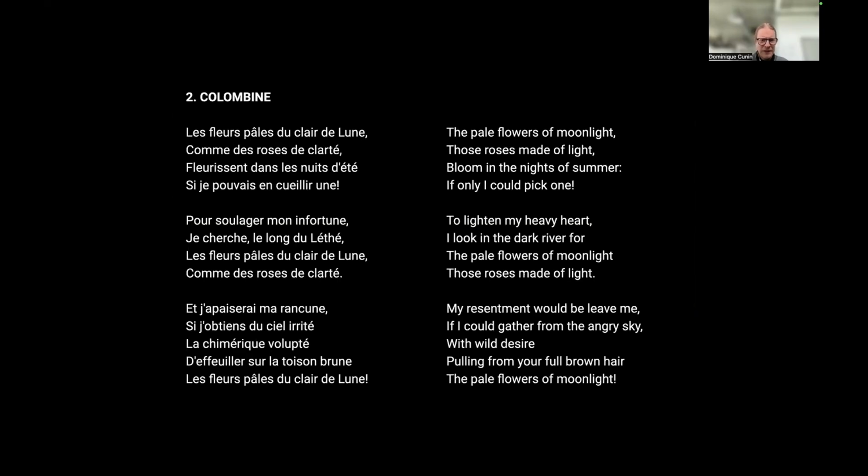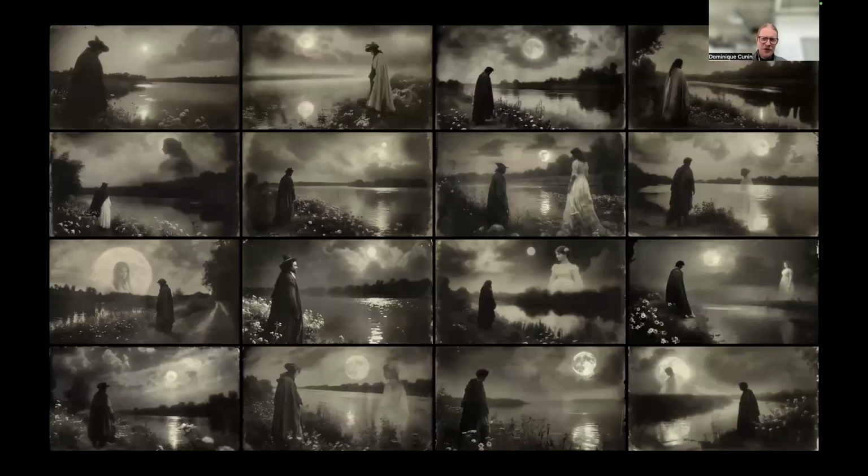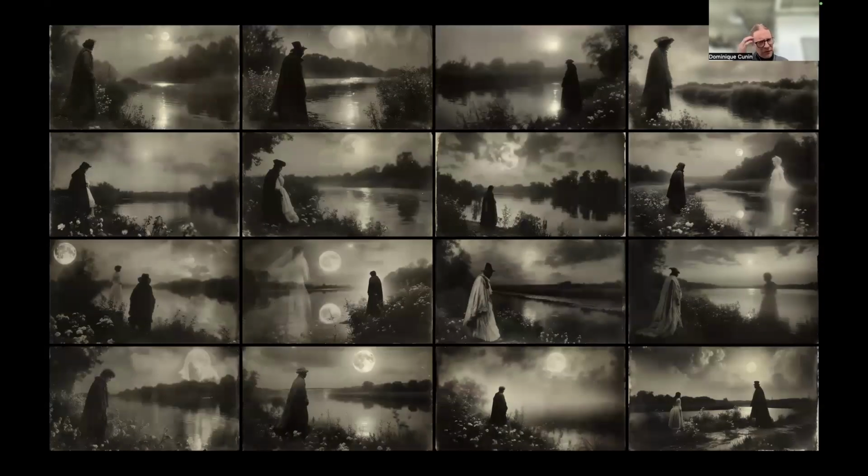Another one, Colombine, the second one. It's a scene that is more gentle, we could say, more smooth. So we have, of course, something different. The poems are sometimes bloody, sometimes ghostly, so the images are very symbolic.